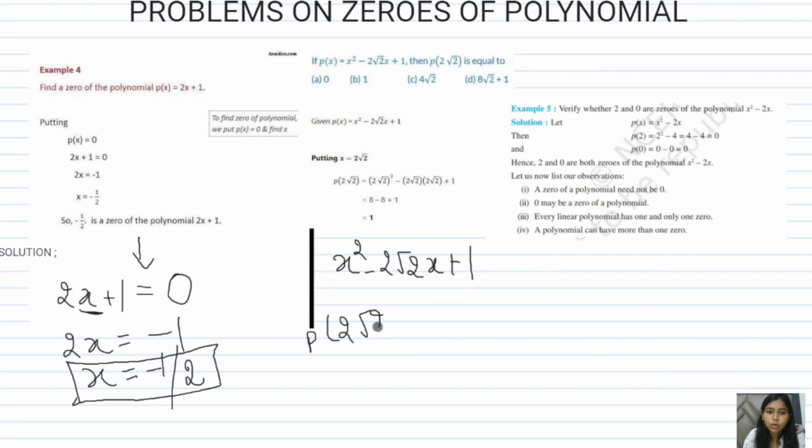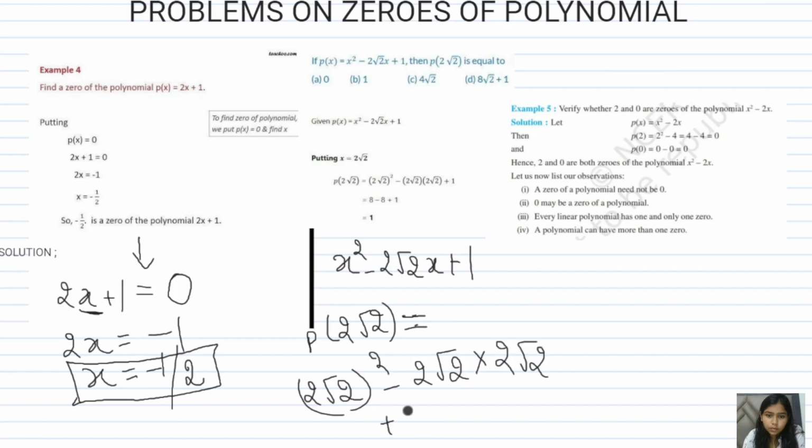What this question actually means is you just have to put x equal to 2 root 2. Okay, so put x equal to 2 root 2. So we'll cancel out this and the answer is 1. So you just have to find out the value. So answer B is correct in this case.